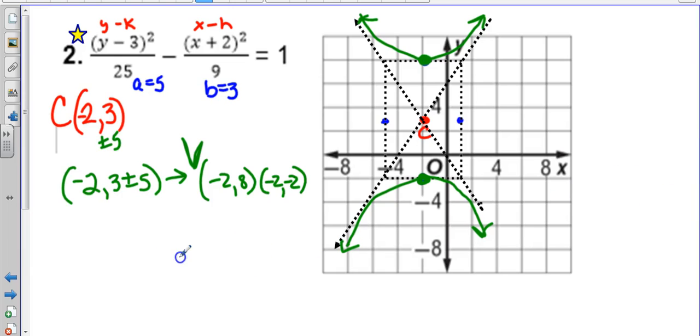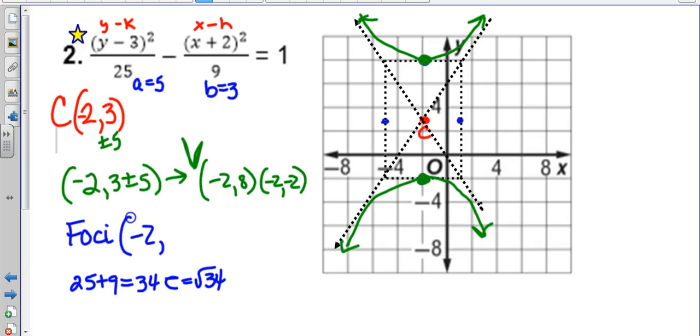Right, what am I still missing? Okay, the foci are at... 25 plus 9 is 34. C equals the square root of 34. And which do I add that on to? The y value of the center again.